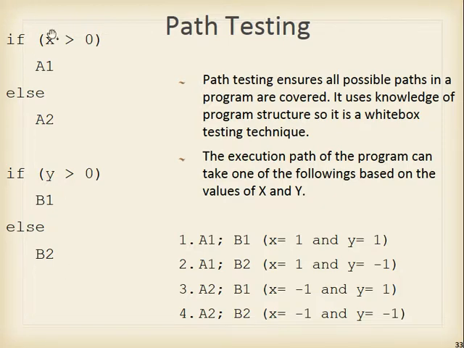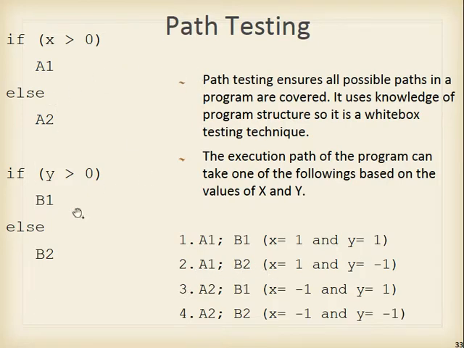So based on the value of x and y, if x equals 1, y equals 1, then it will do A1 and B1. If x equals 1, y equals minus 1, then it will do A1, and since it's minus 1, it's not greater than 0, it will do B2, which is here.